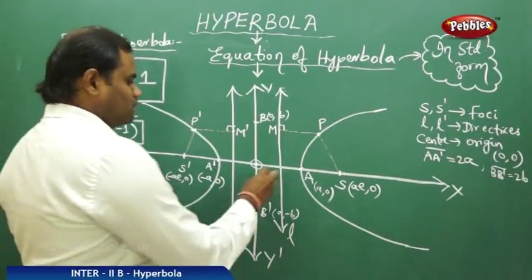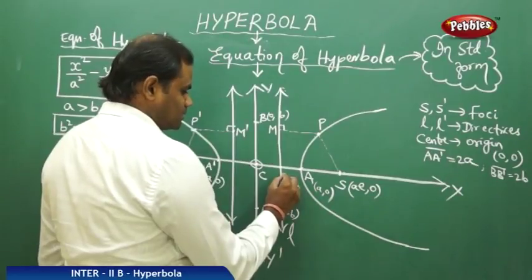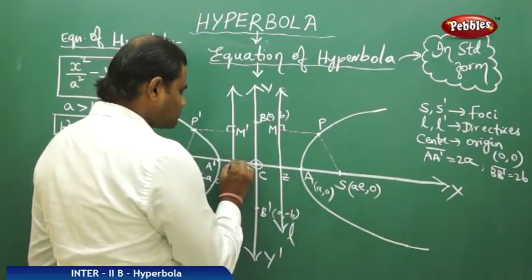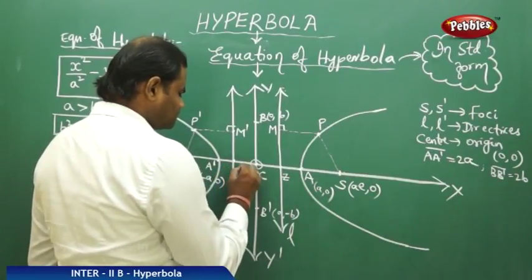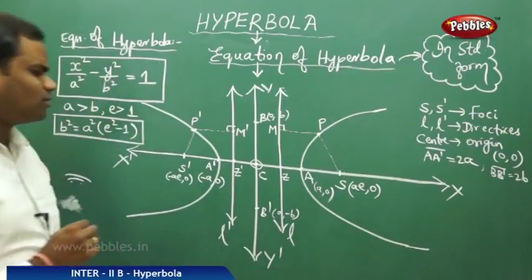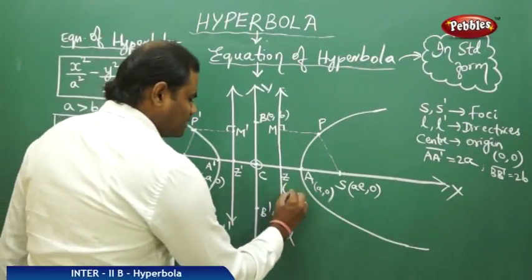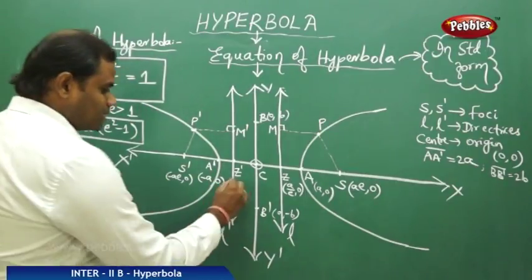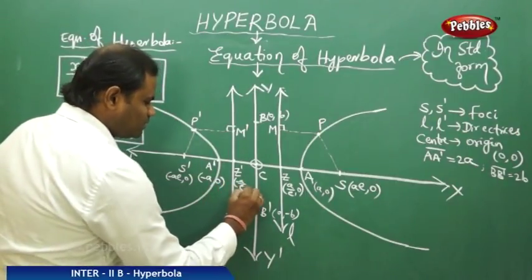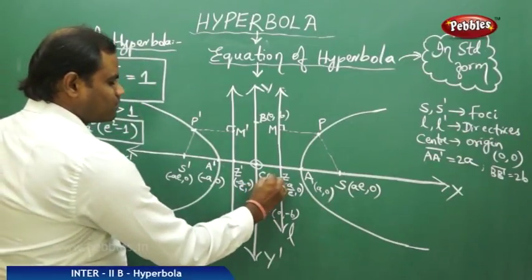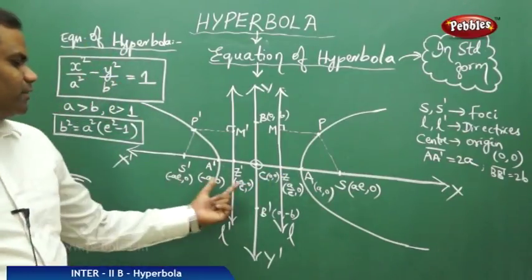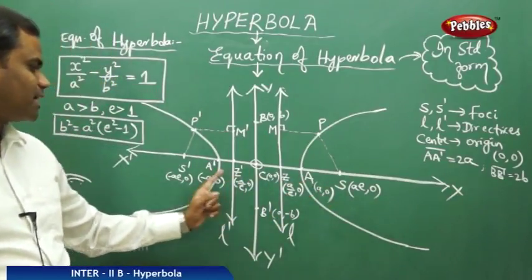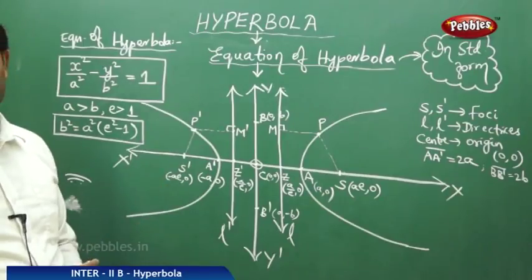And then if I have this as Z and this as Z dash, then the coordinates of Z are (a by e, 0), and the coordinates of Z dash are (minus a by e, 0), and the center is of course the origin. That is how we identify each of the coordinates of S, A, Z, C, Z dash, A dash, and S dash.